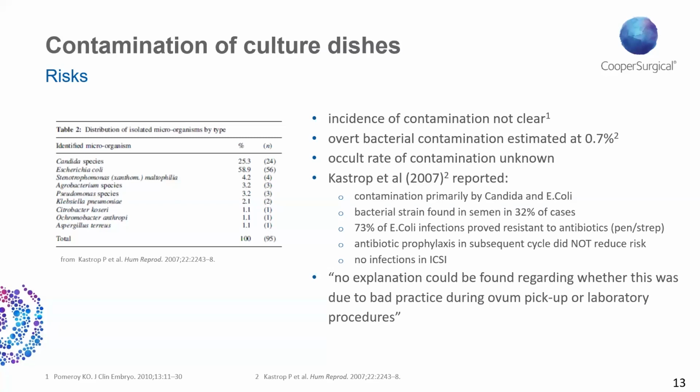And we also found that a lot of these E. coli particularly were resistant to the antibiotics used at the time. So around that time, there was a change from using penicillin and streptomycin to now using gentamicin, which has helped as well. So we need to be careful when we're dealing with the material that we have, and we need to use the best technique that we can to minimize chances of contamination.